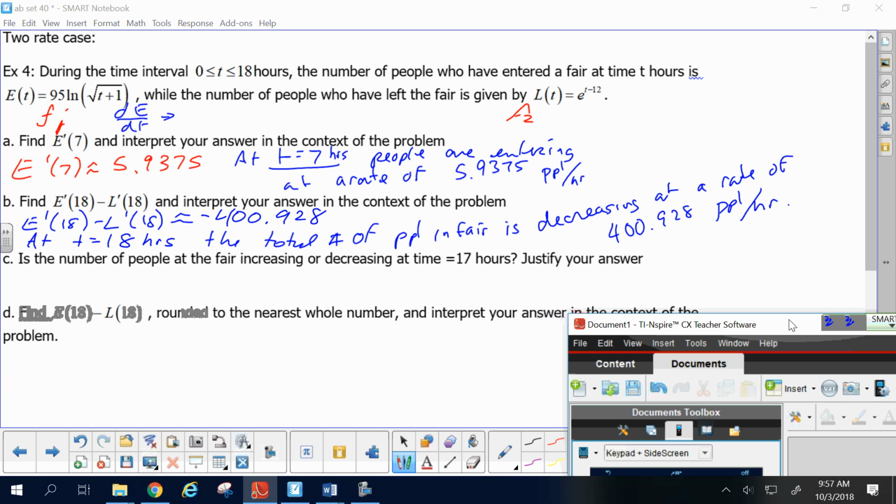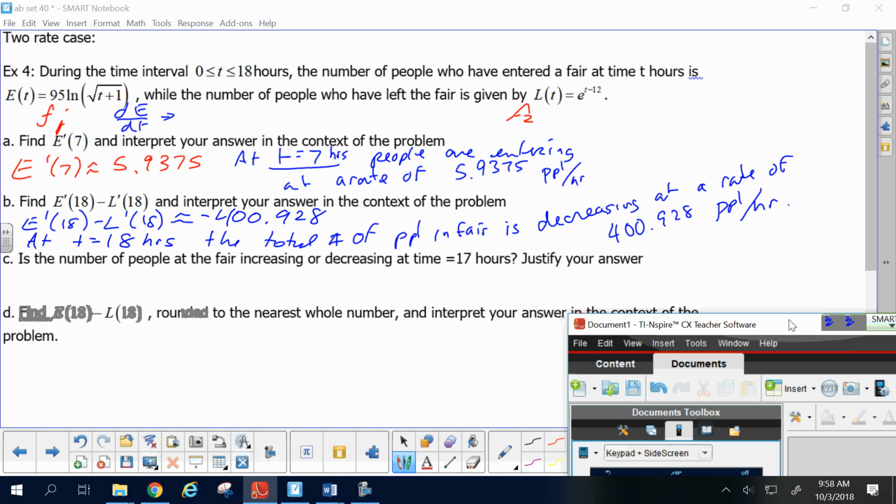How would we address C? Is the number of people at the fair increasing or decreasing at time 17? Let's talk about it. First of all, do I need to compare the number of people who have entered or left, or do I need to compare the rates of change in the enter and leave? The rates of change. And so I need to do one of two things.